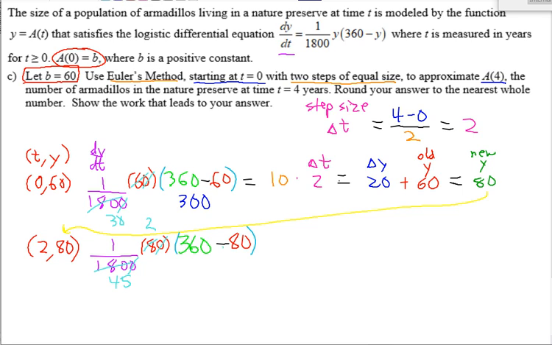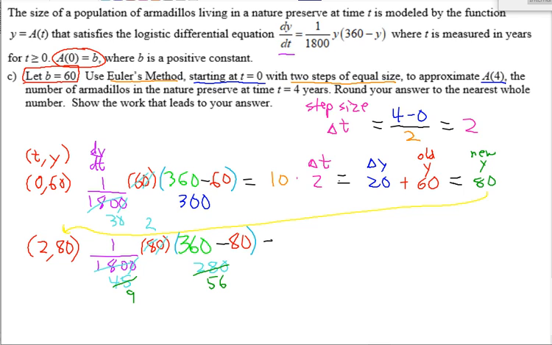And then 360 minus 80 is 280. Then you can divide 45 and 280 both by 5. That gives you 9, and 280 divided by 5 is 56. And 9 doesn't reduce with the 2 or the 56.